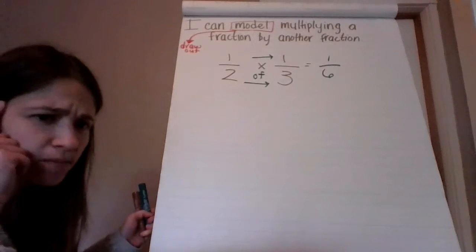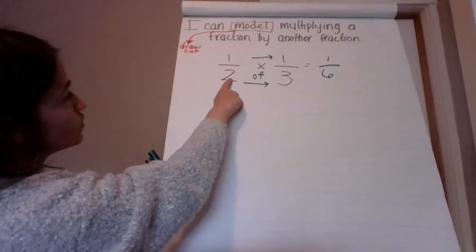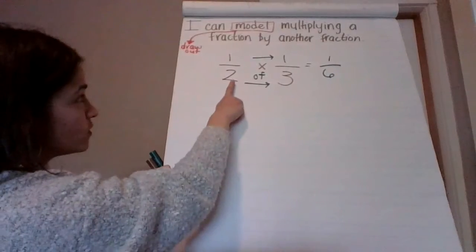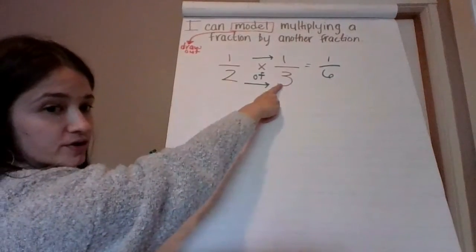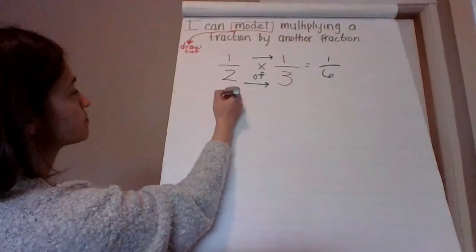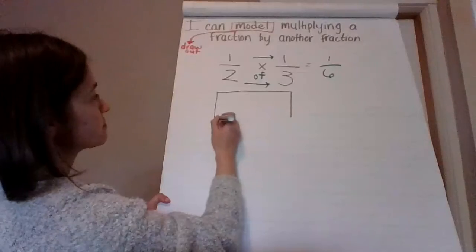So if I know that multiply and of are the same in this situation, this says 1/2 of 1/3. If I'm looking for 1/2 of 1/3, I know I have 1/3 of something because I'm looking for half of it.